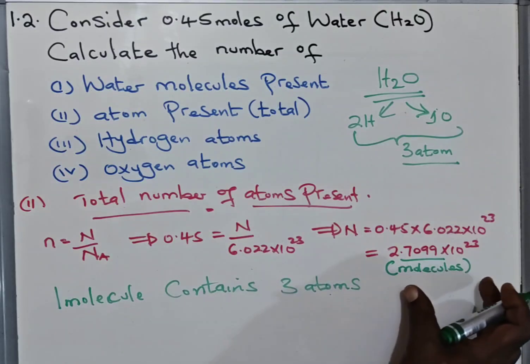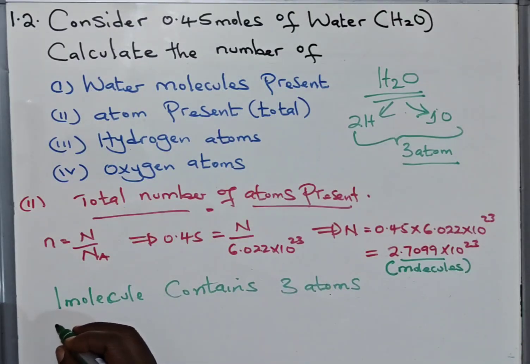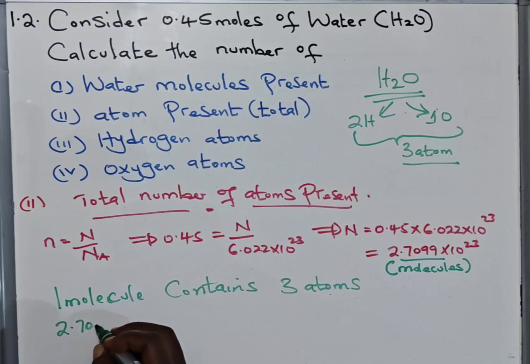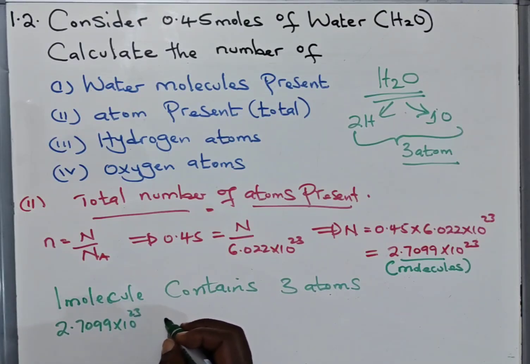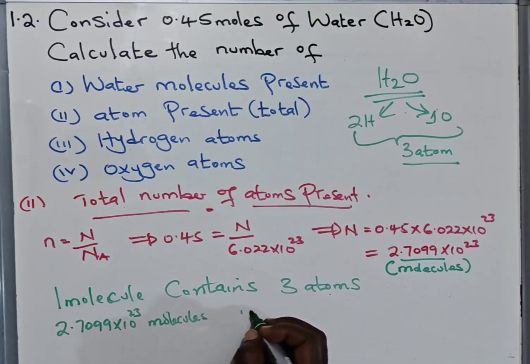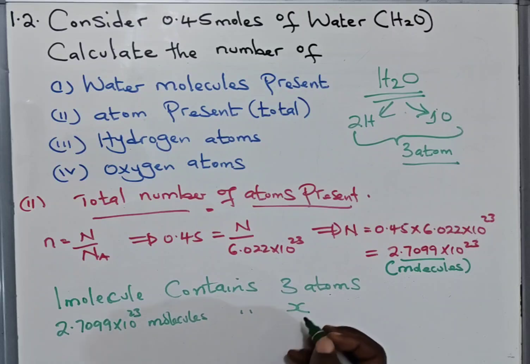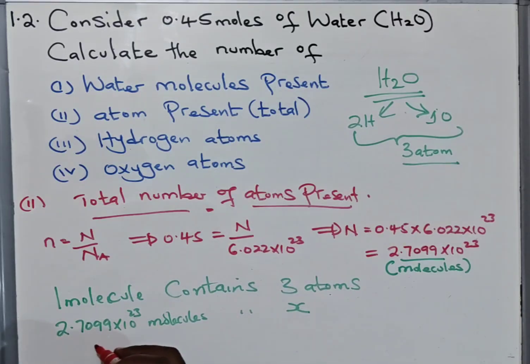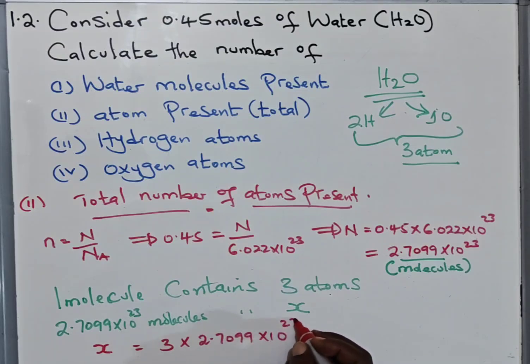So these are the molecules you have. In other words, 2.7099 times 10 power 23 molecules will contain X. After cross multiplying, we get X equal to 3 times 2.7099 times 10 power 23.